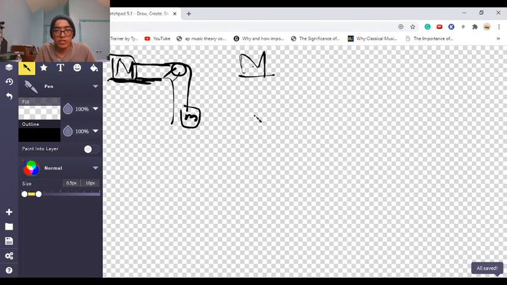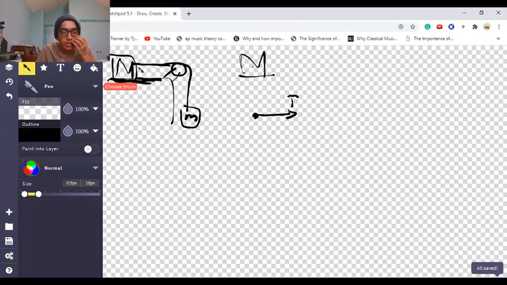So what's going to happen here is that, assuming the acceleration goes down the line, the tension force is going to pull on here, right?